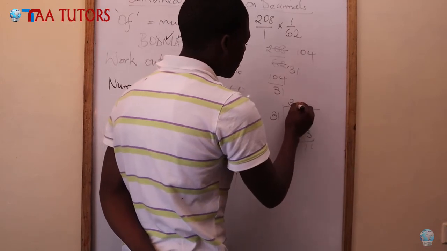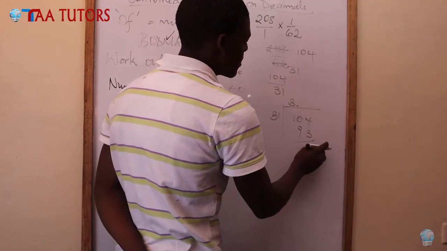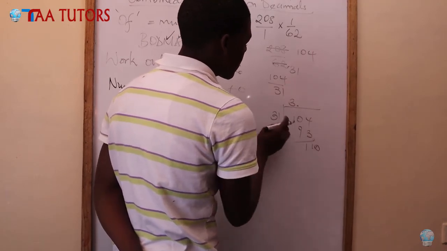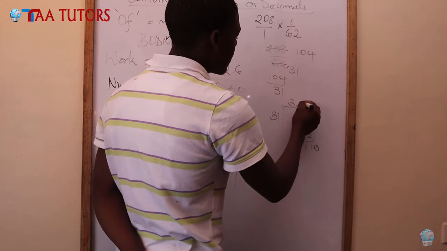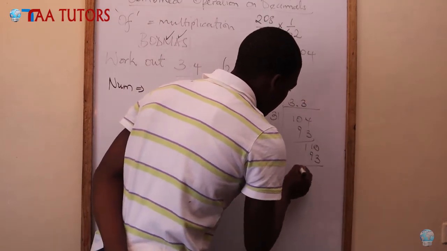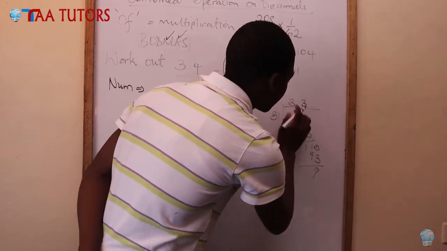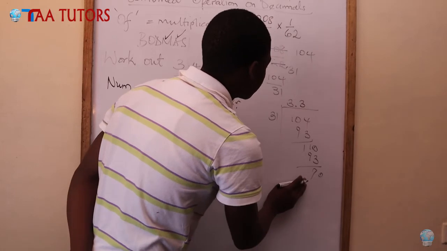We will place a decimal point there and add 0 to that difference. So 31 into 110, that is again 3 times, that is 93. When we subtract, we are getting 17, and since we have a decimal point there, we will add 0.